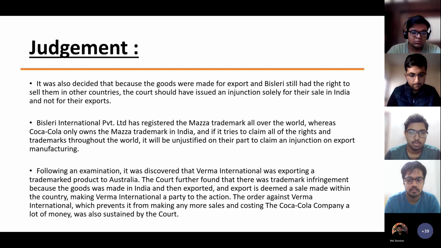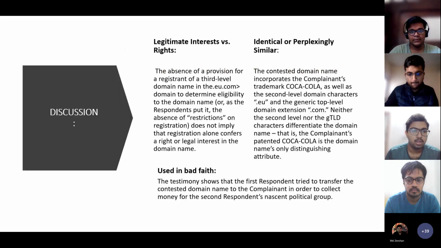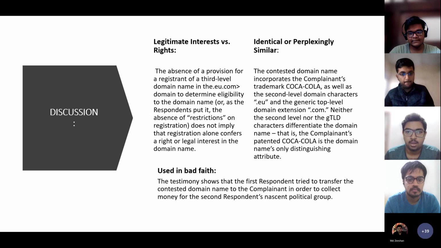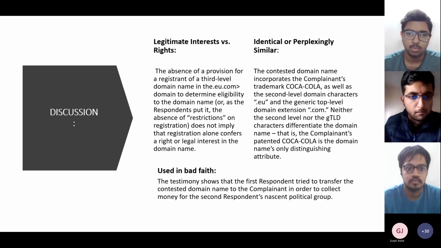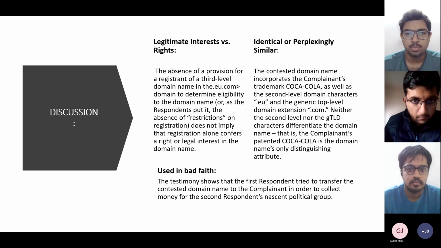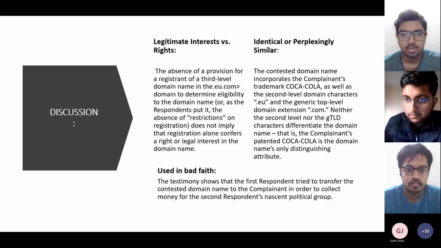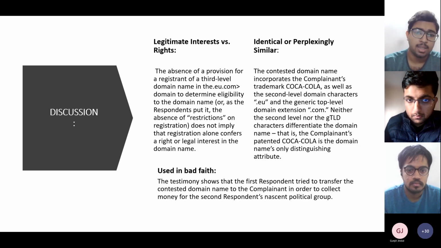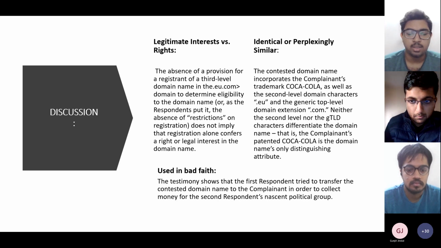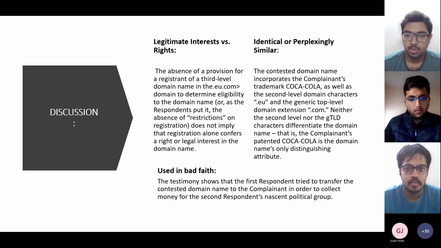So yeah, that was all from the judgment. Further discussing upon it, it was found that the absence of a provision for the recipient of a third level domain to determine eligibility of the domain does not apply, that registration alone confers a right or legal interest in the domain name.